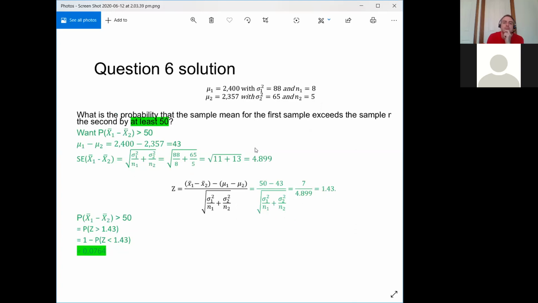Oh, no. This is the real mu1 minus mu2. And they conceptualize this as the 50. Well, that's confusing.